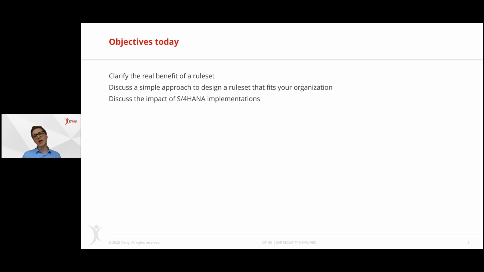In the end, as you know, processes change with SAP S/4HANA. So we also talk about other transactions and subsequently different objects. Not so surprising for you, different authorizations being required in a process means also an update to your rule set. So this needs to be incorporated as well.